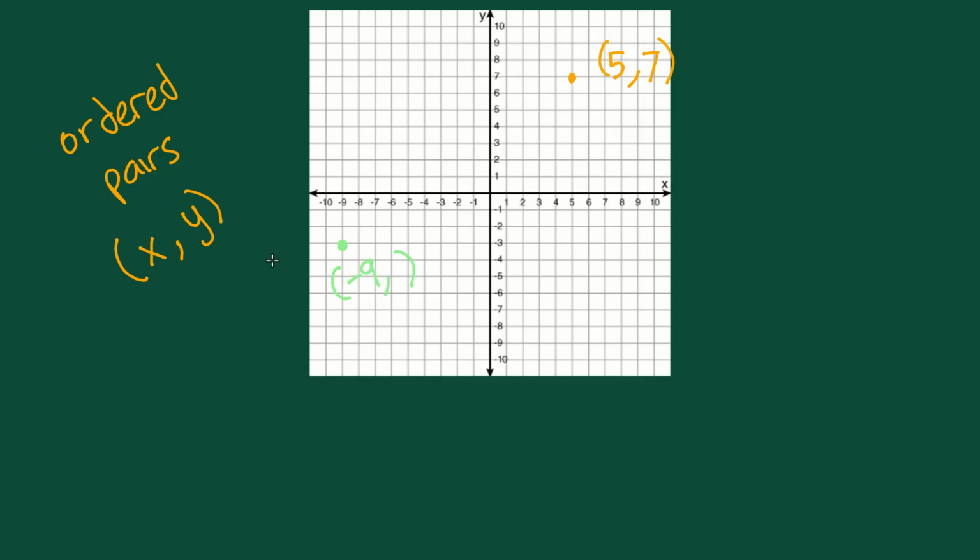And then what about our y? Here's our y-axis. Where are we on the y's? We are at -3. So -9, -3 would be our coordinates for this point. And we could keep going.